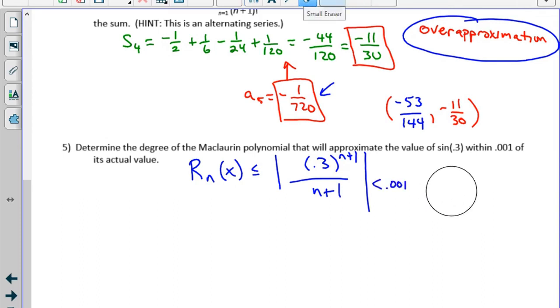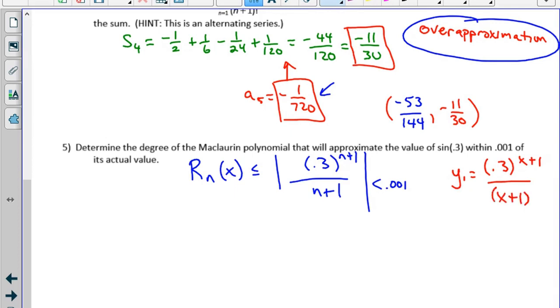So that's one way to do it. I can type those in the calculator. Or the other way I can do it is go y1 equals 0.3 to the x plus 1 over x plus 1 factorial, go to the table, and figure out when it finally ends up being less than 0.001.